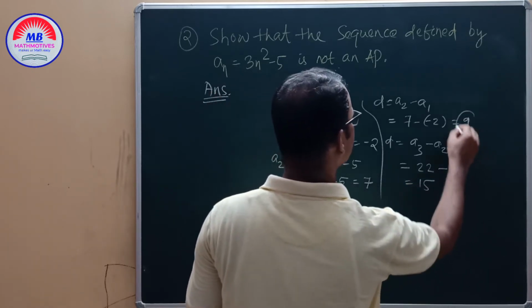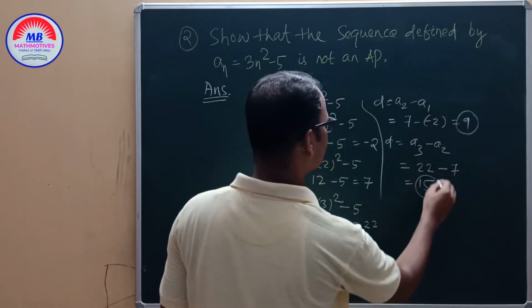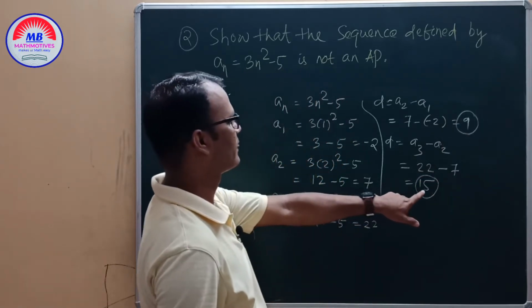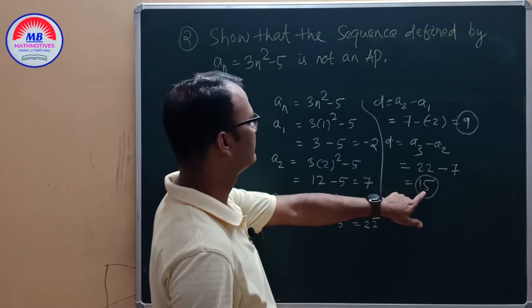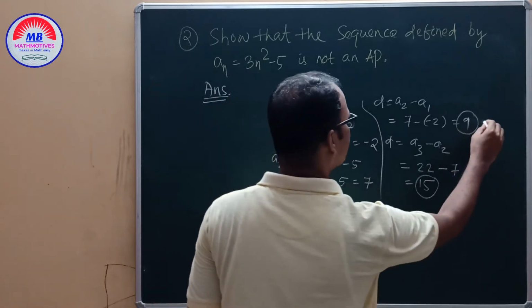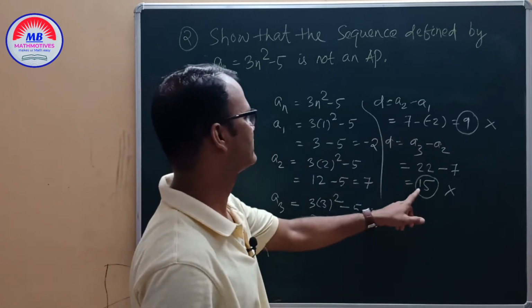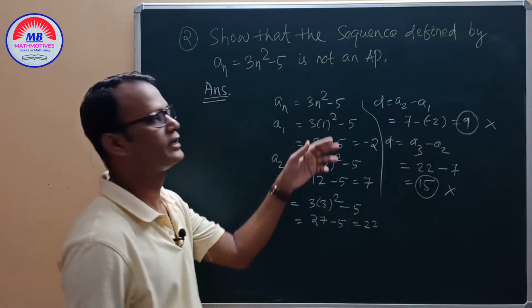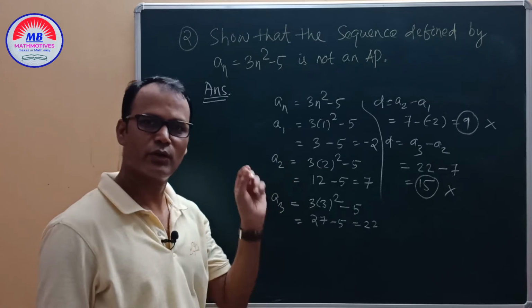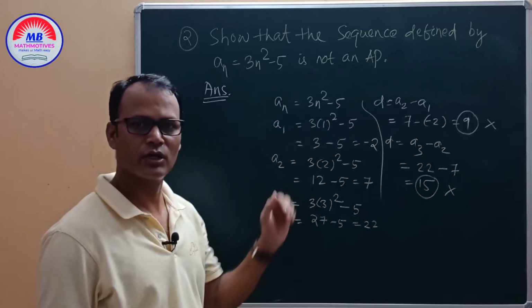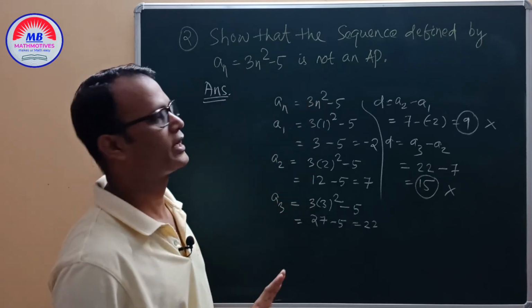Here D is 9, here D is 15. So D is not equal. So here the difference between two consecutive terms are not equal. So it is not an AP.